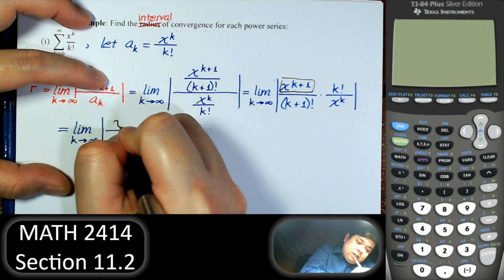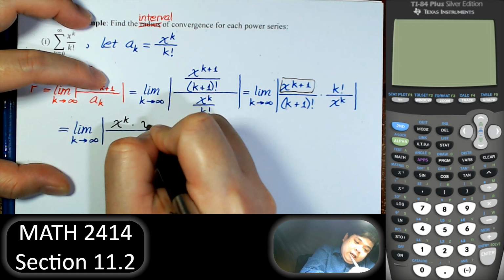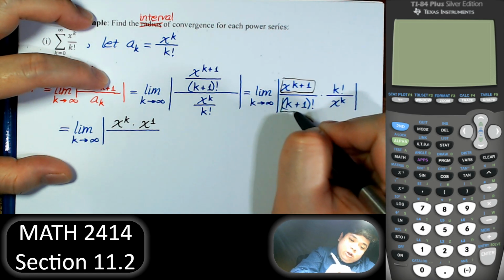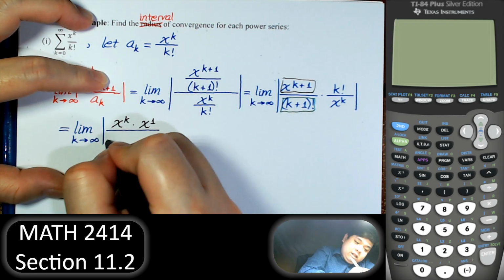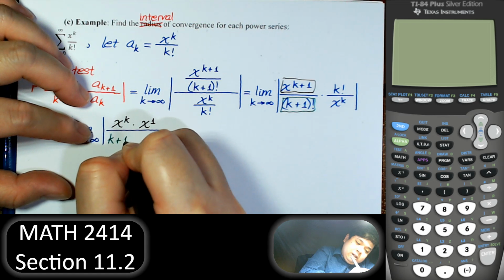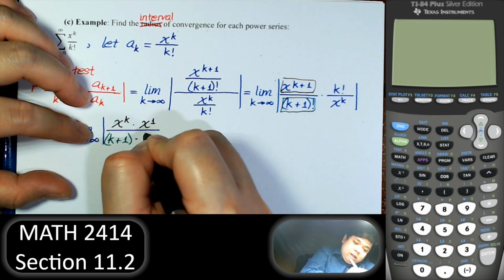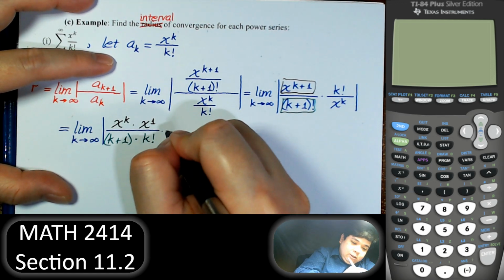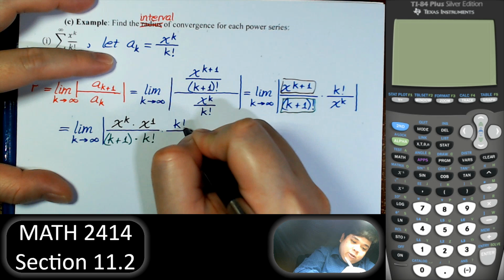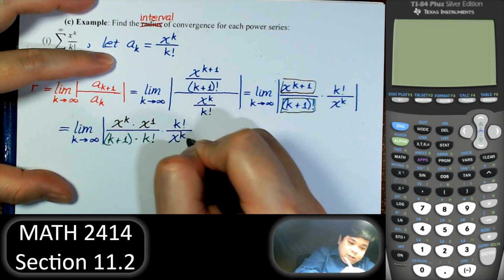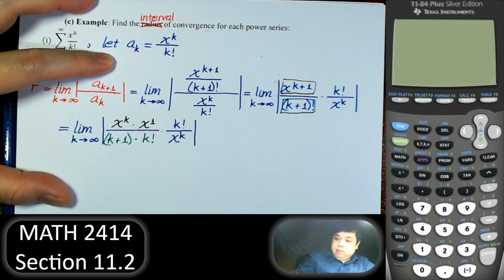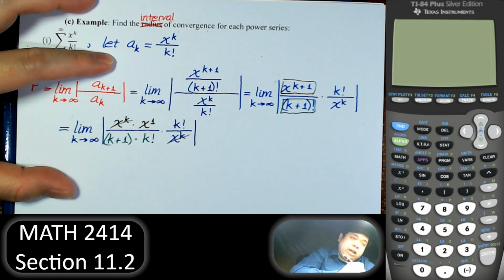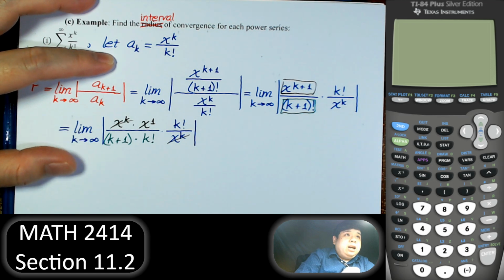Right, so x to the k plus 1 power. We can write x to the k times x to the first power, and k plus 1 factorial, we talked about this in the ratio test, is k plus 1 times k factorial. Then we still have k factorial, x to the k. Cancel x to the k and k factorial.